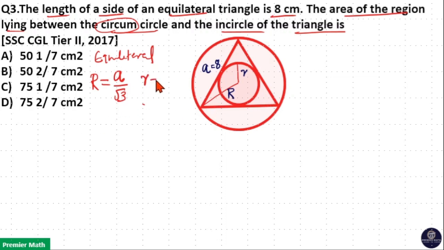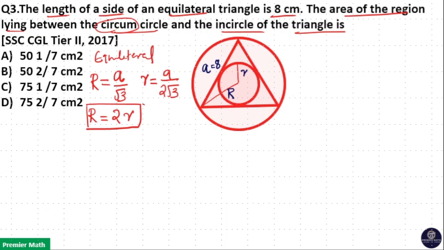And the radius of inner circle, that is small letter r, is equal to A by 2 root 3. Which means capital letter R is equal to 2 times the small letter r. That is, the radius of outer circle is equal to 2 times the radius of inner circle.